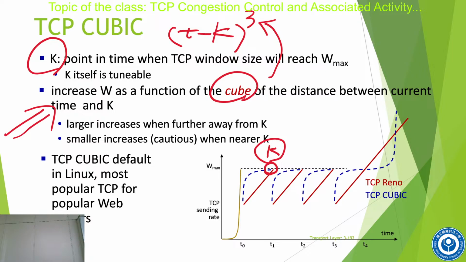Well, so this is an improved version of TCP congestion control. We call it CUBIC, and we still have another version, which we will discuss possibly next week. I think maybe I will use some class time next week to finish chapter 3.